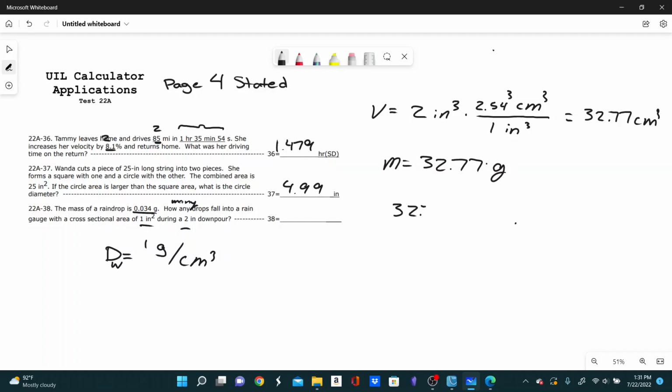So it'll be 32.77 grams total divided by 0.034 grams per raindrop. If we do this, we get a value of 964 raindrops.